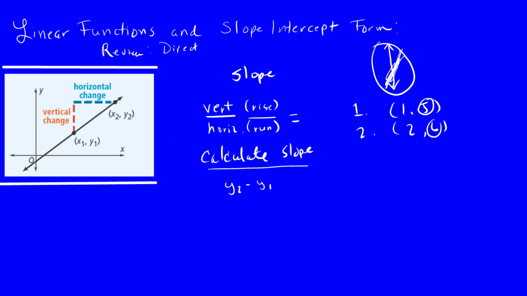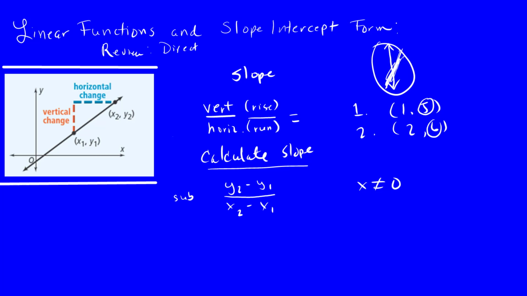When I say y1, that value is y1. So calculating the slope, we say it's y sub 2 minus y sub 1 divided by x sub 2 minus x sub 1. Now, the denominator x sub 2 minus x sub 1 cannot be equal to 0.